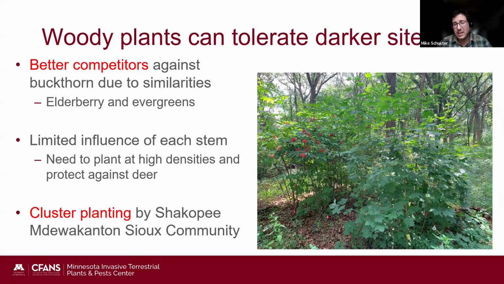We also have to protect against deer, which is a huge challenge, right? And so one thing that we're looking at in partnership with Shakopee Mdewakanton Sioux Community is what density we really need to plant these at. Is planting them at half a meter what we really need to do, or can we get away with 1 meter or 2 meters or 5 meter spacing, something like that, to get good cover?